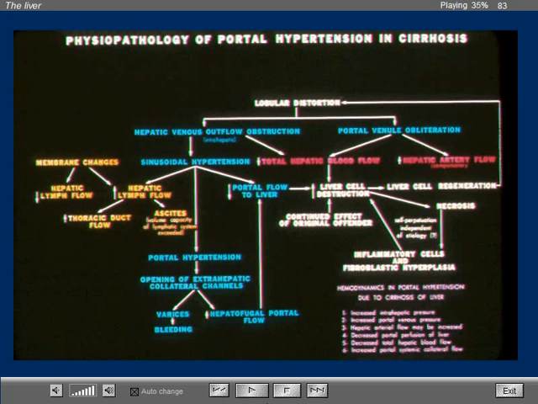Because there is hepatic venous outflow obstruction, this leads to sinusoidal hypertension and a decrease in the total hepatic blood flow. Sinusoidal hypertension eventually results in a decreased portal flow to the liver, and there is going to eventually be a phenomenon called hepatofugal circulation, which means that blood that normally goes from organs to the portal system will go from the portal system to organs.